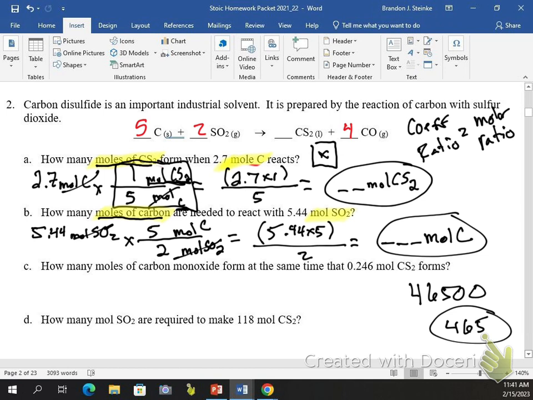With sig figs, we do some rounding, so it's not always the same value, but it's pretty close. If I owe you $46,500 and I give you $460, is that going to satisfy what I owe you? No way. That's not even close.